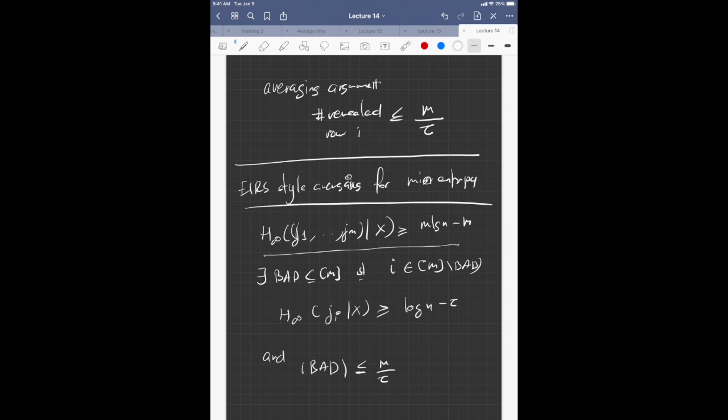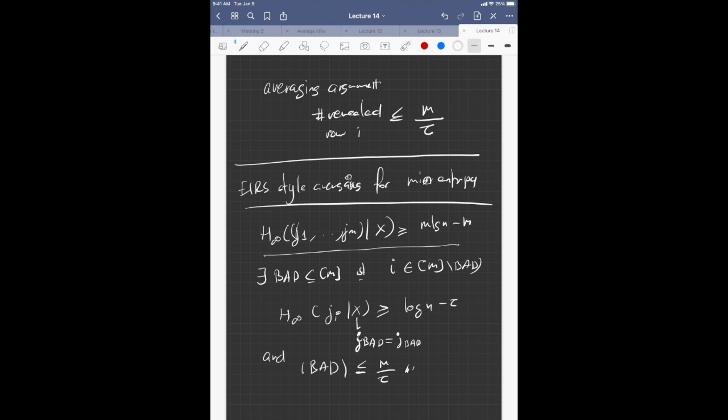We want to say that the number of revealed rows is not too large, and for every unrevealed row, the min entropy is very high. But we won't be able to say this just by conditioning on x. We will also have to condition on setting the bad rows. So you sample this j uniformly at random, and we set the bad rows of j to some specific value j bad.